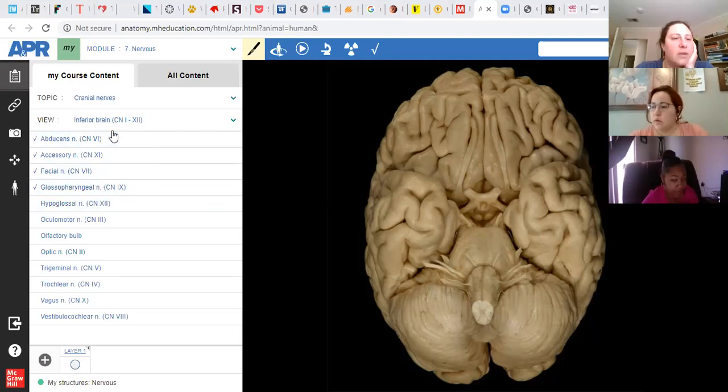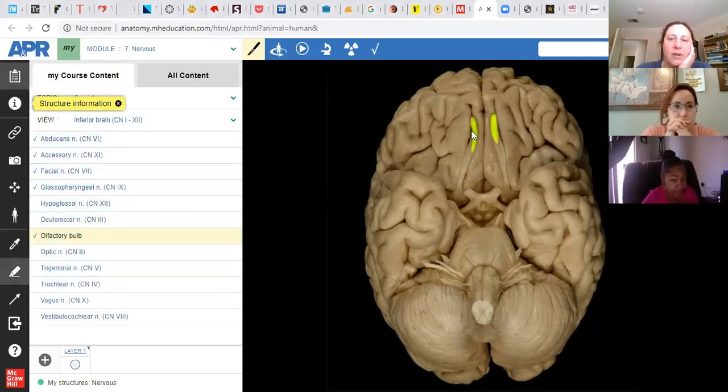So if you look at these guys, we're going to talk more about cranial nerves later, but basically there are 12 pairs. They come off of the brainstem, and they start with the olfactory bulbs, which receive smell information, and the optic nerves, which receive visual information, so from your nose and from your eyes.